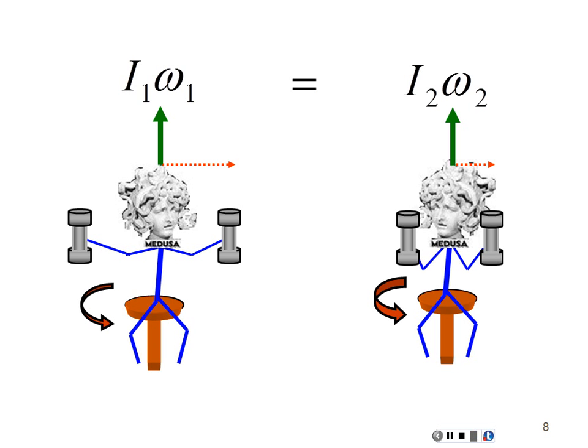And the r squared value of that distance away from the axis is pretty significant. So even though these masses are much smaller than the mass of the body, they would have a lot more moment of inertia associated with them because they're so far away from the axis.